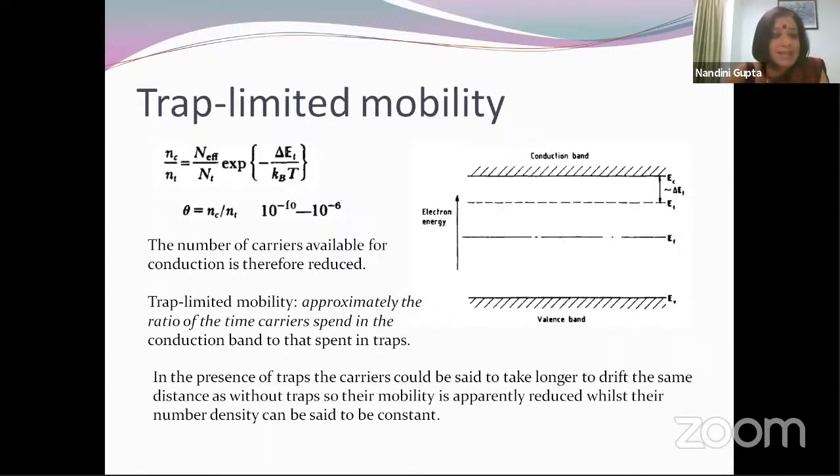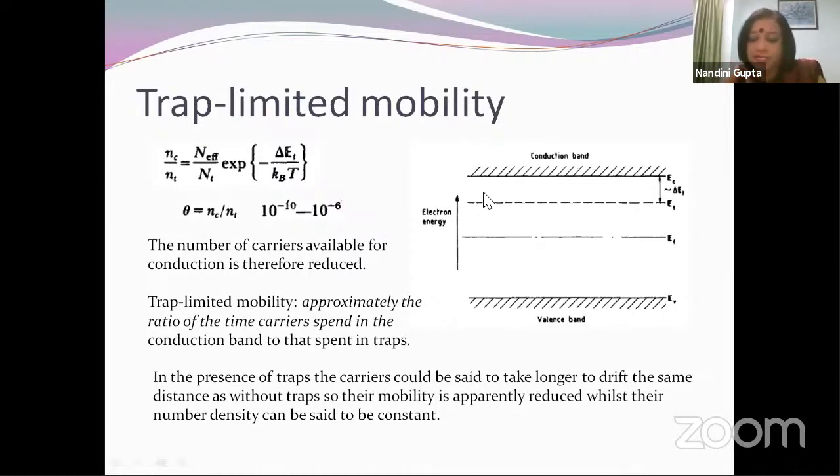So you will end up with a ratio theta of NC to NT. This is given by this relationship, where capital N is the effective number of traps, NT is the number of traps that are present, and delta ET is the trap level. We are talking here about a single trap level, just to illustrate.